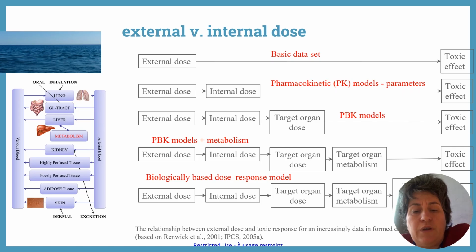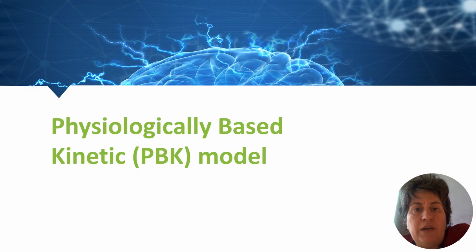Finally, if we also have information about responses, for instance DNA adduct formation, then there is a repair, and we have the overall model, we can build physiologically based kinetic models into biologically based dose response modeling, which captures the overall path from external dose to toxic effect and all the steps in between. This is really key information to understand how much information we need and which type of model we can build. But for today, we will look into so-called physiologically based kinetic models.